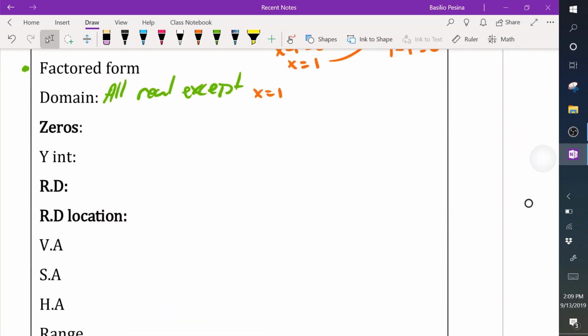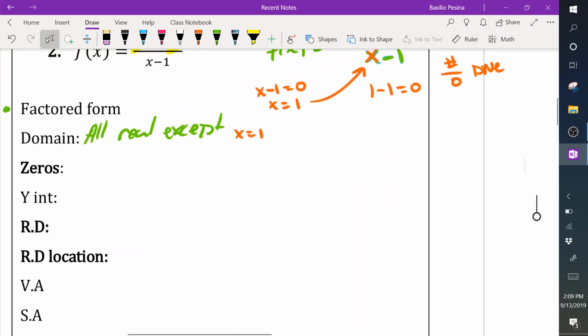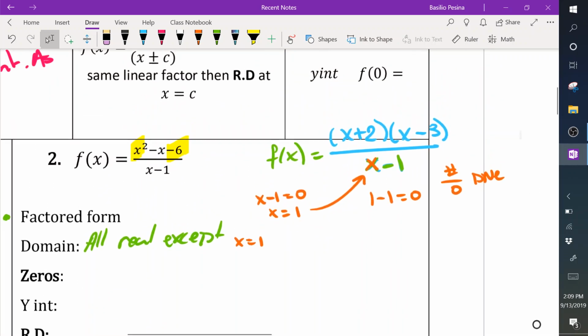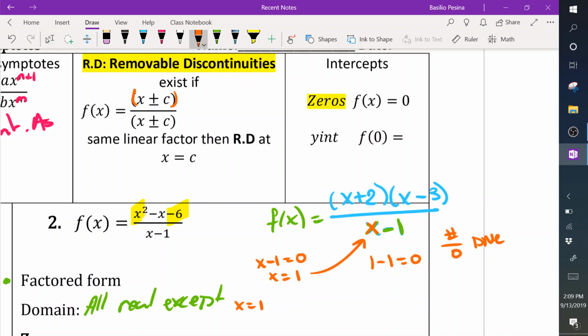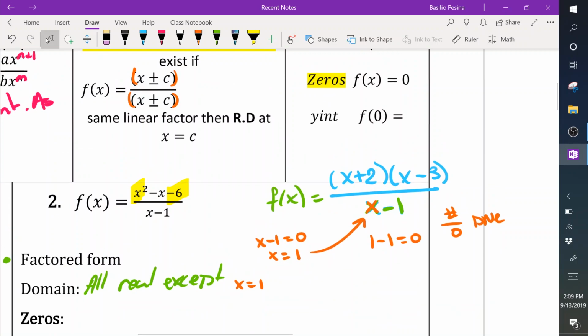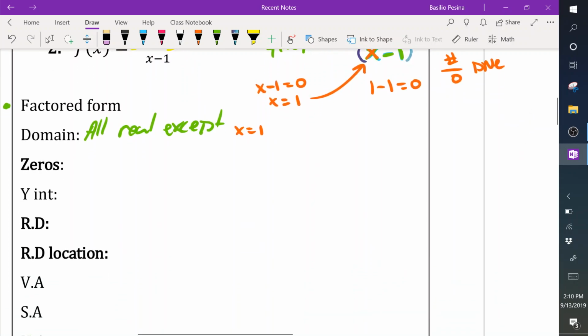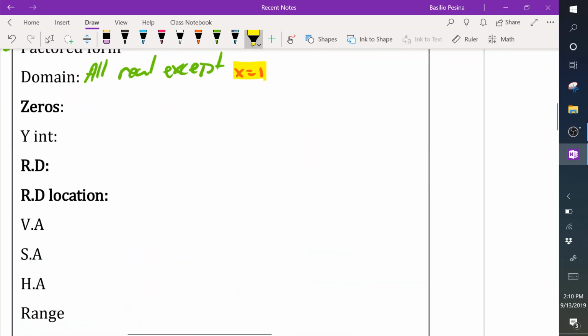If I notice the function, I know that holes or removed discontinuities occur when the factors are the same. If not, this denominator will be a vertical asymptote. So do you see this term right here, x minus 1, anywhere on the numerator? It does not repeat, right? Therefore, this means that x equals 1 is indeed a vertical asymptote.